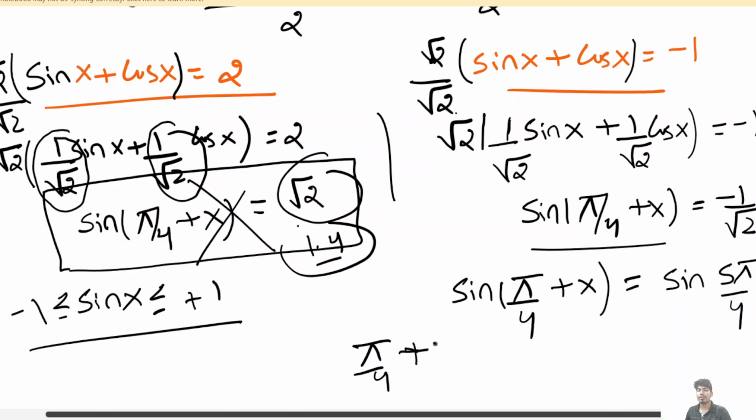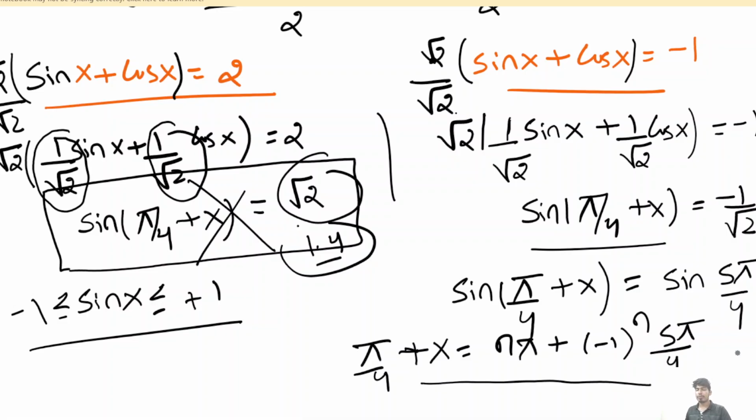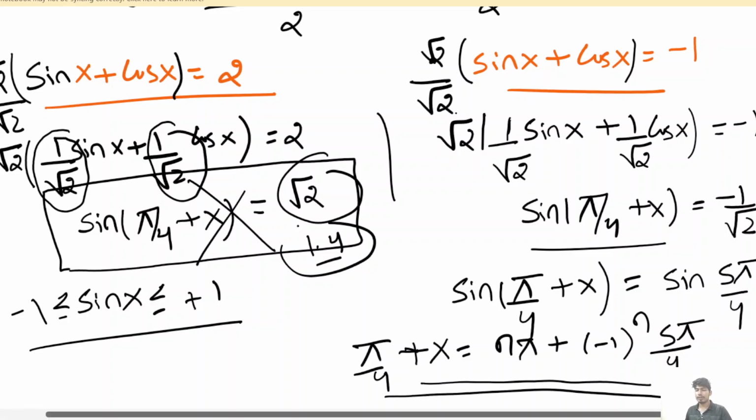If sine x is equal to sine alpha, then x is equal to n pi plus minus 1 to the power n alpha. Find the value of x, here minus pi by 4. You can solve it easily.